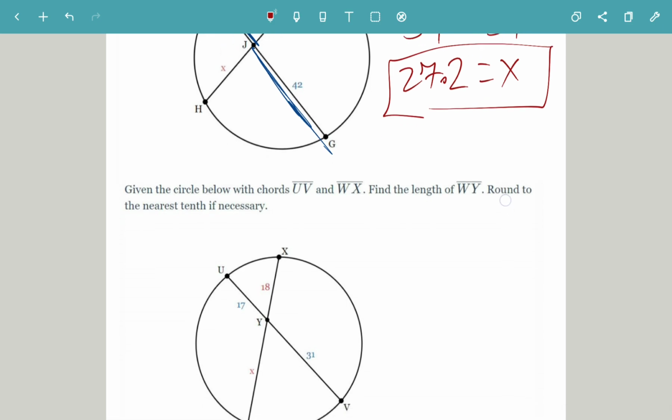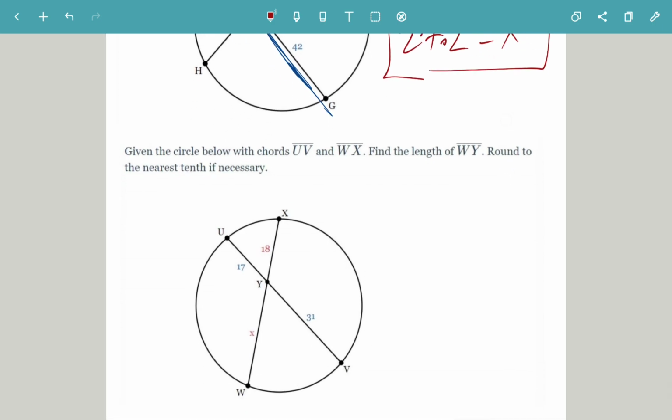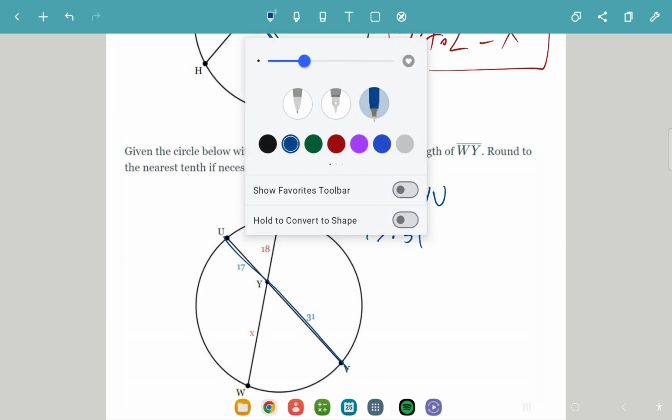Okay. Go ahead, look at this next one. Pause if needed. I'm gonna get started. So now we have chords UV and WX. UV could be split up into UY times YV. So that's 17 times 31.